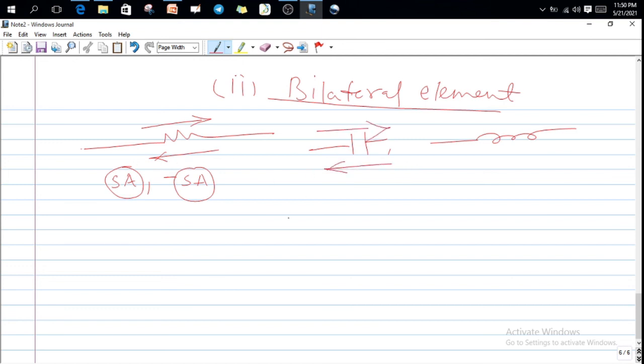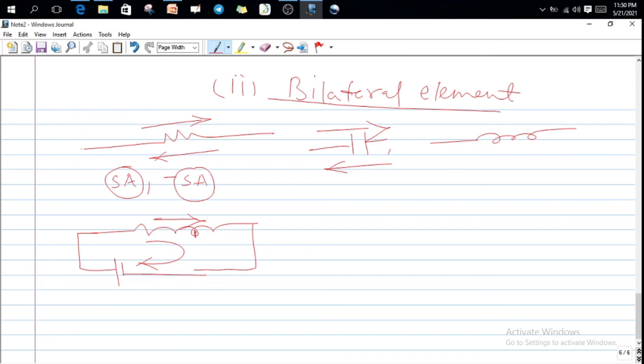It is not like the diode, where only in one direction, forward bias, you get current and in reverse bias there is no current. But in this situation we get the current in either direction irrespective of the sign. Either current could flow this side or this way.